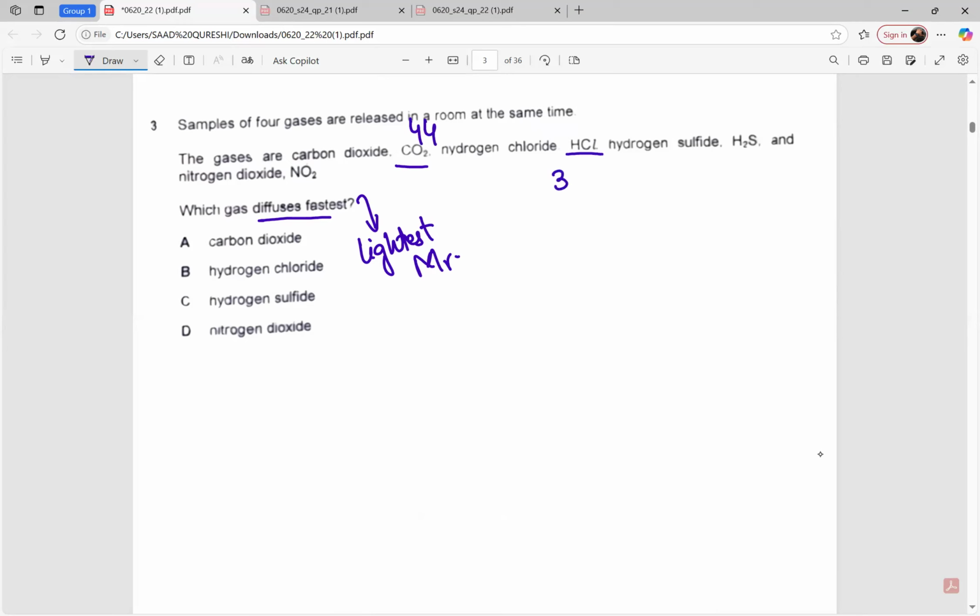Hydrogen chloride mass is 36.5 and hydrogen sulfide mass is 34. There's nitrogen dioxide also. Nitrogen dioxide mass is 46. So if we compare all these gases, hydrogen sulfide has the lowest mass. So hydrogen sulfide will diffuse the fastest. So the answer is C.